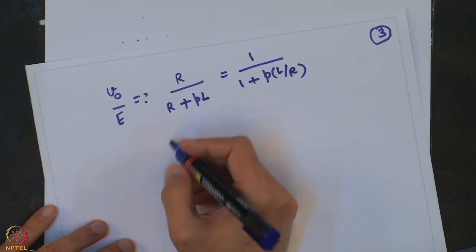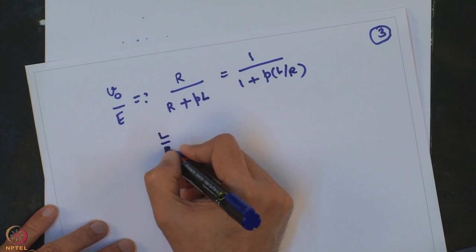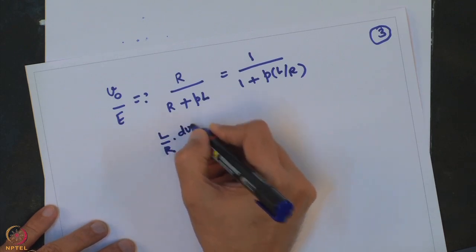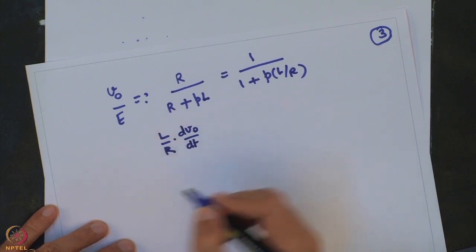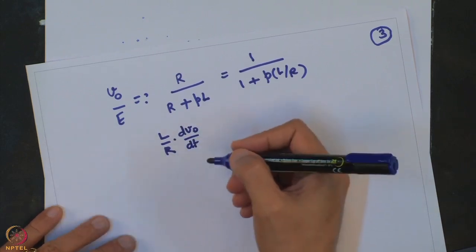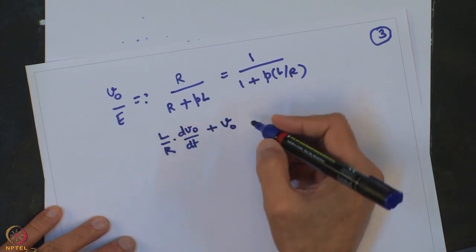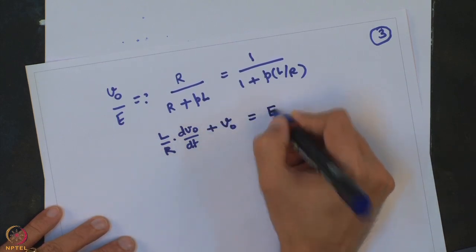Now, this gives me L by R into dVO by dt plus VO is equal to E.